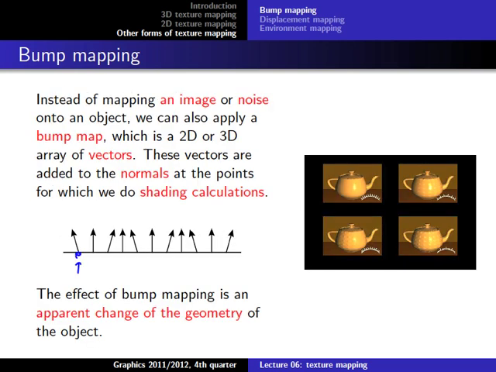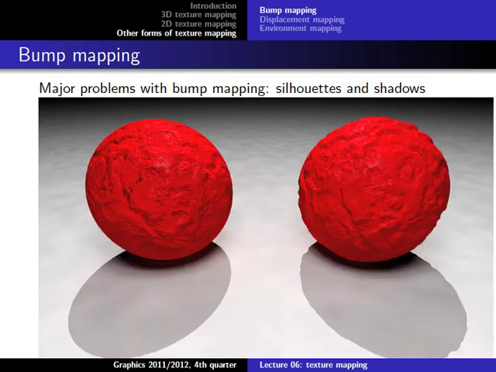But if you look at it from the side, so for example here, of course if we just change the normal value, we do not change the shape of the actual object. So there is still a value here, whereas here, for example, you see there is a little hole which does not appear here, because here we just modified the normal vector.